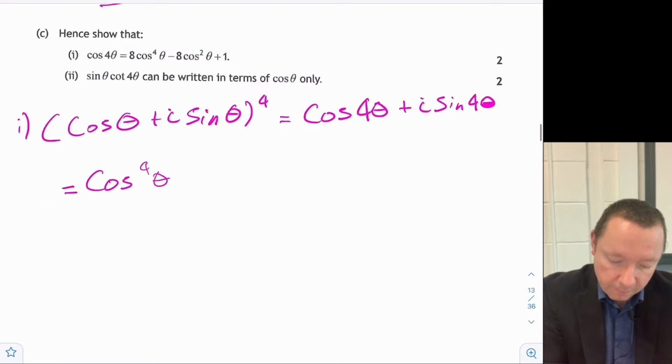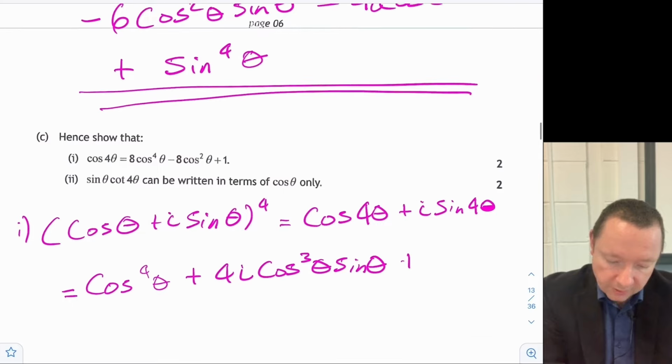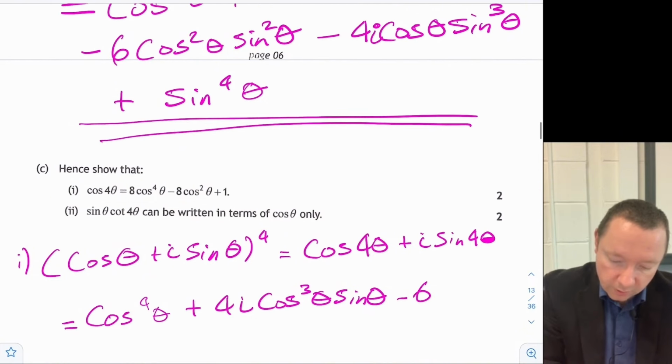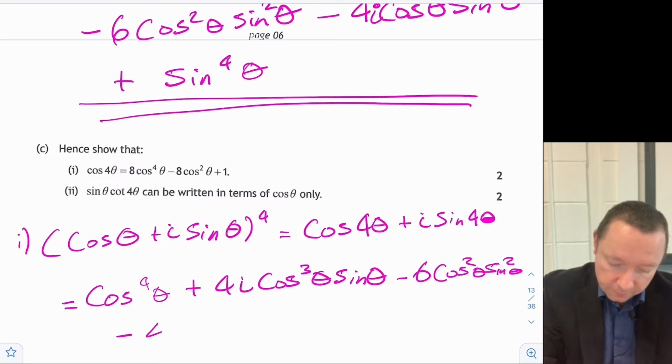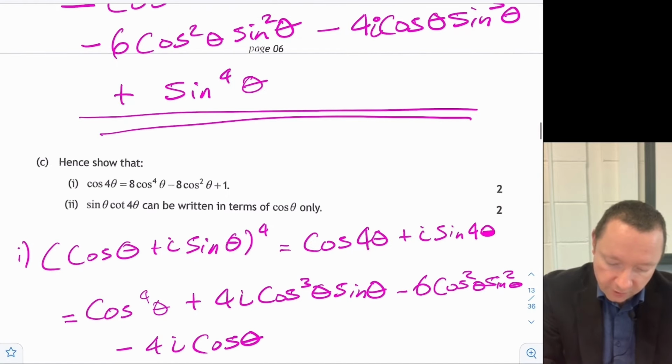And from the expansion, plus 4i cos cubed theta sin theta, minus 6 cos squared theta sin squared theta, minus 4i cos theta sin cubed theta, plus sin to the power of 4 theta.